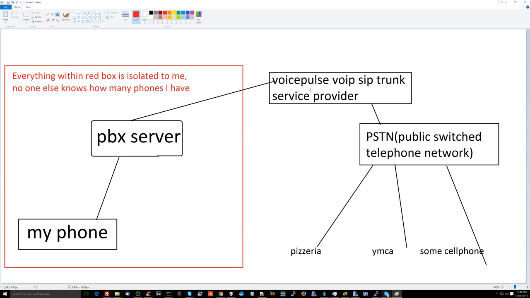The only thing that the voice over IP services provider knows is the numbers that I'm calling. They know the numbers that I'm trying to contact, whether I'm trying to contact the pizzeria or the YMCA or some cell phone, and they know the times of the phone calls. That's all the voice over IP services provider is going to know. They're not going to know the exact number of phones that are sitting behind my PBX, my private branch exchange server.